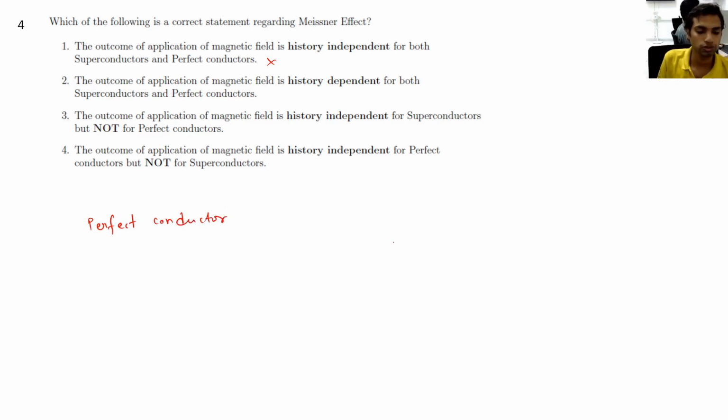But for a superconductor, what the Meissner effect says is that the field is always expelled out, irrespective of whether there was a field before or not.